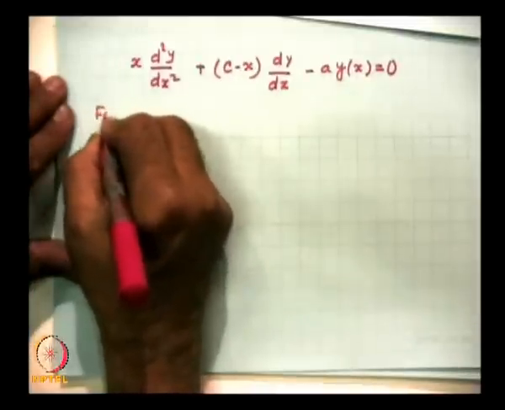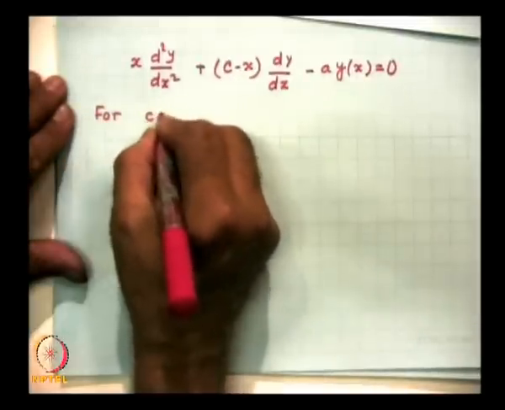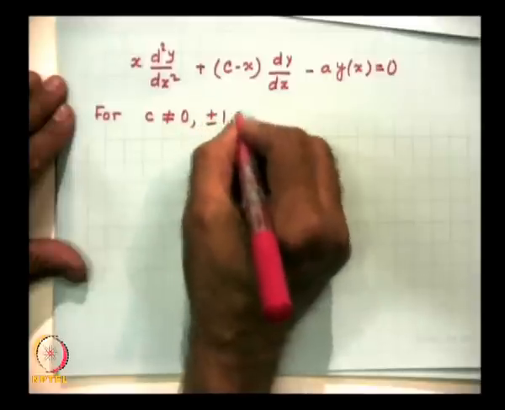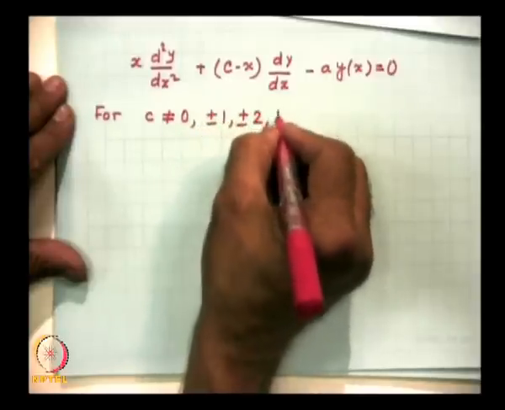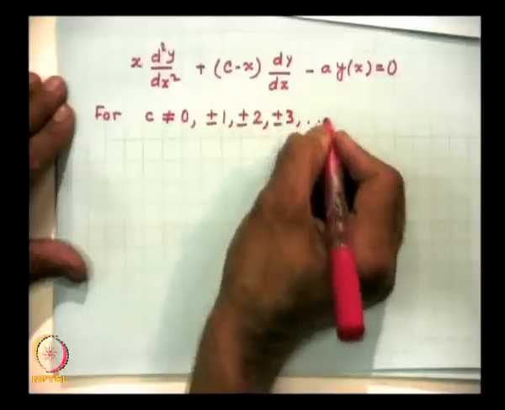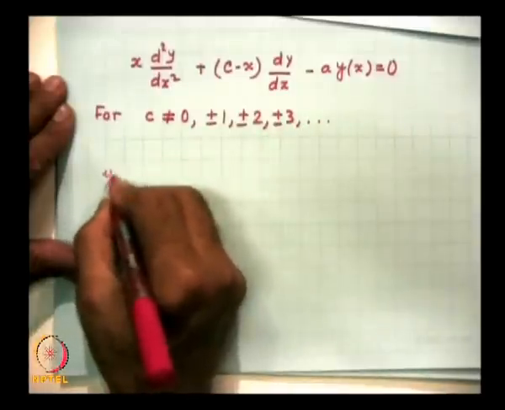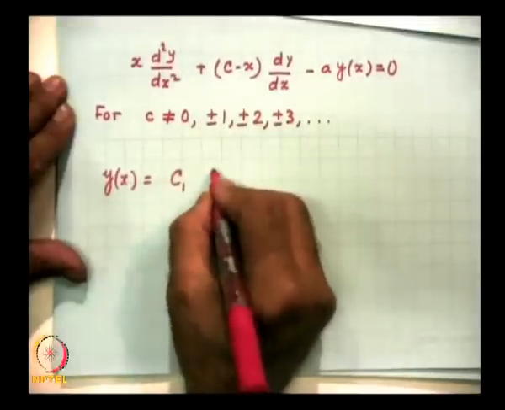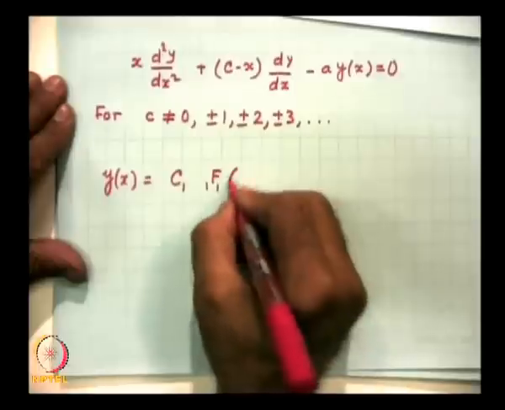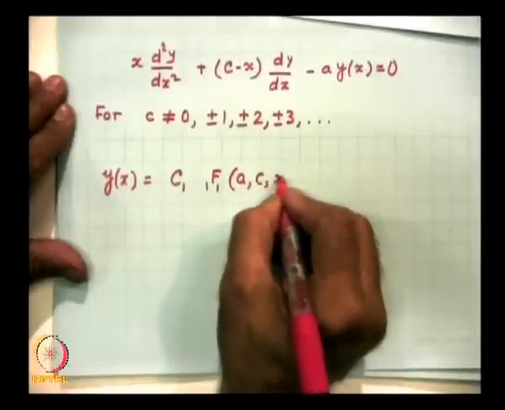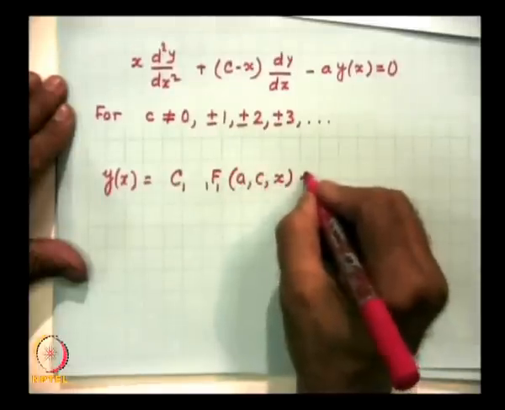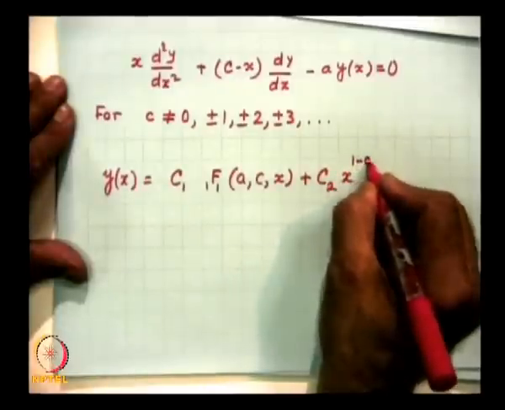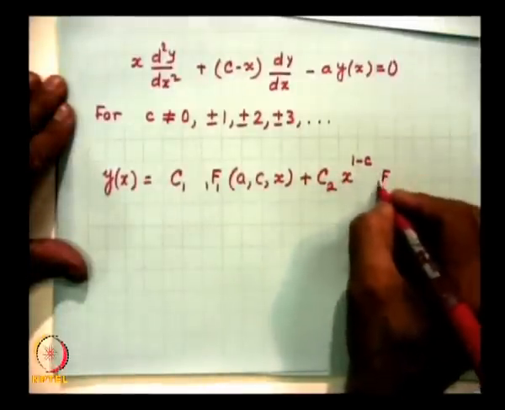For this you must remember, for c not equal to 0, plus minus 1, plus minus 2, plus minus 3, the general solution of this equation is c1 f11 a c x plus c2 x to the power of 1 minus c f11.